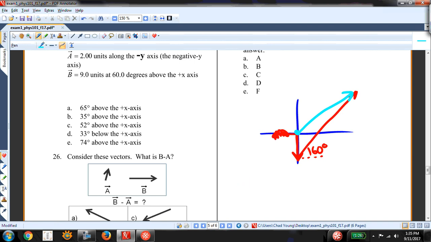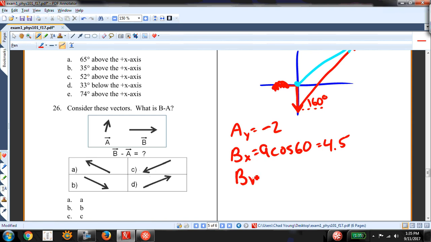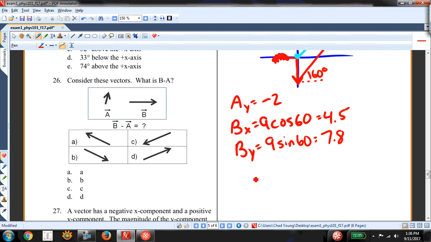So I'm going to find my components. Ax equals 0, Ay equals negative 2. Bx equals 9 cosine of 60, 4.5, and By is 9 sine of 60, which is 7.8. Then I add up those y components and I add up the x components. So Ry is going to be 7.8 minus 2, that's 5.8.